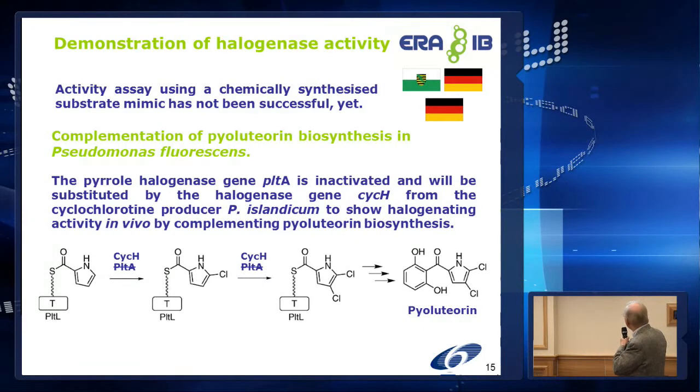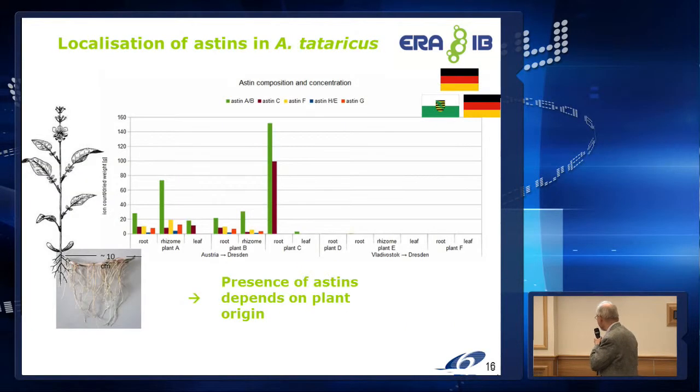And we made the constructs, we made the recombination, and so far we have not analyzed the products which came off because somebody got ill, and so we still have to wait whether the complementation was successful, whether we really have the active enzyme.